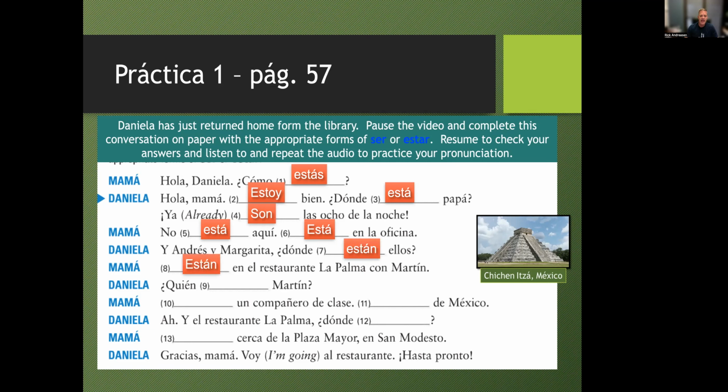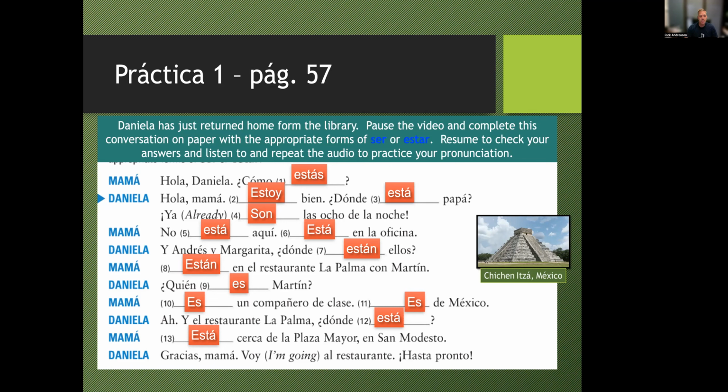Están en el restaurante La Palma con Martín. ¿Quién es Martín? Es un compañero de clase. Es de México. Ah, ¿y el restaurante La Palma? ¿Dónde está? Está cerca de la Plaza Mayor en San Modesto. Gracias, mamá. Voy al restaurante. Hasta pronto.